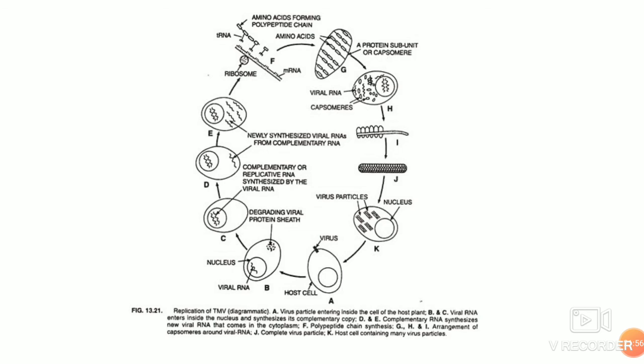Once inside the nucleus, it synthesizes the mRNAs required and the genomic RNA, that is single-stranded positive sense RNA, which is accumulated in the cytoplasm. The capsid monomers are also synthesized and assembled as a virion, and once the virions are assembled, they are ready to be lysed from the cells and released. So this is the cycle of TMB.